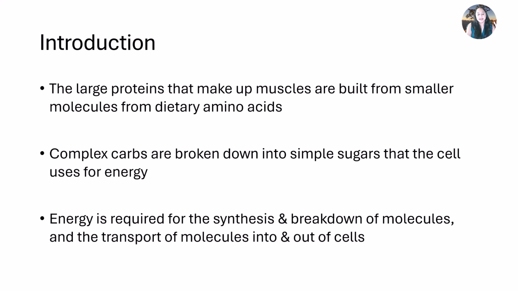So again, kind of a medium picture, if we think about us as humans, and the stuff that we eat and the macromolecules that we eat. So the large proteins that make up our muscles are built from smaller molecules, from amino acids. So remember, they're polymers, so the building blocks that make the macromolecules are called amino acids, and they build proteins.